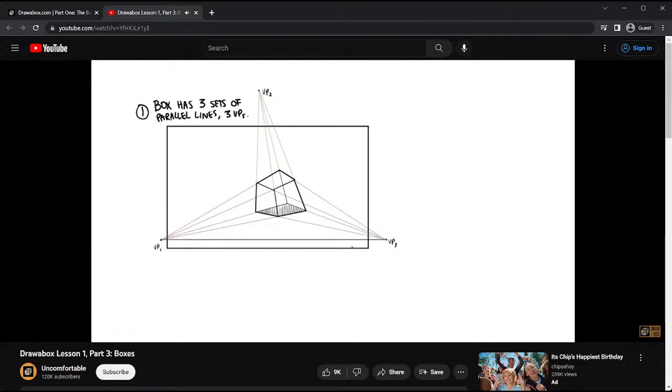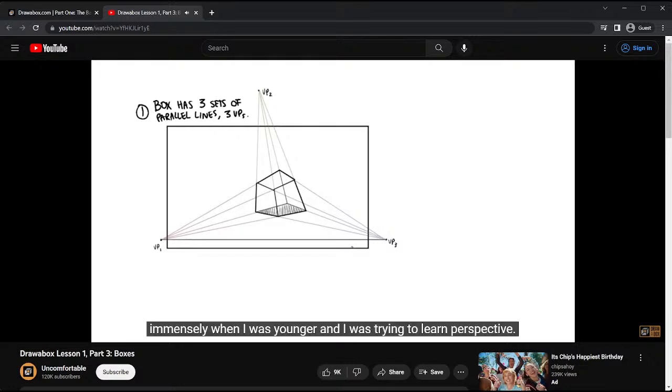Once you've got that down, we can look at the idea of, well, there's one thing that always confused me immensely when I was younger and I was trying to learn perspective. What you may have heard about is 1-point perspective, 2-point perspective, and 3-point perspective.